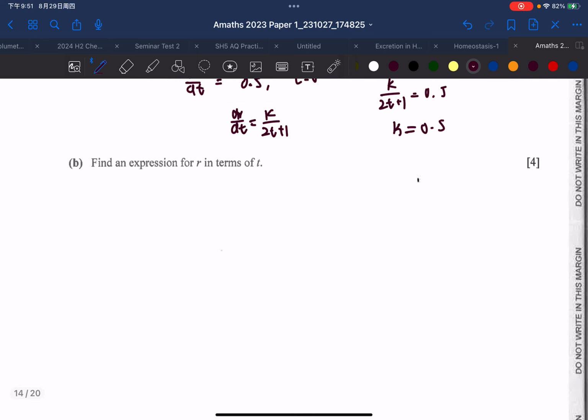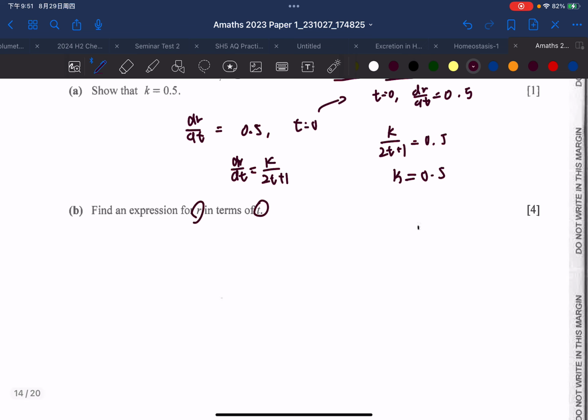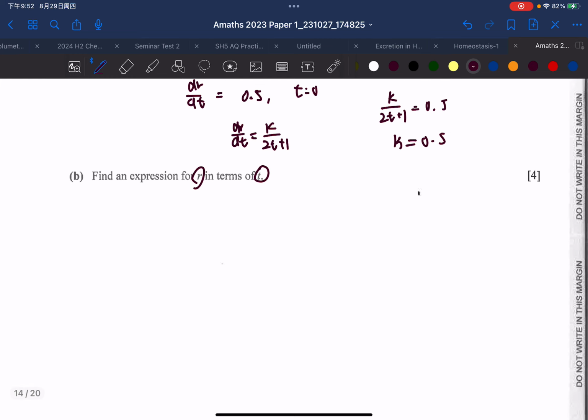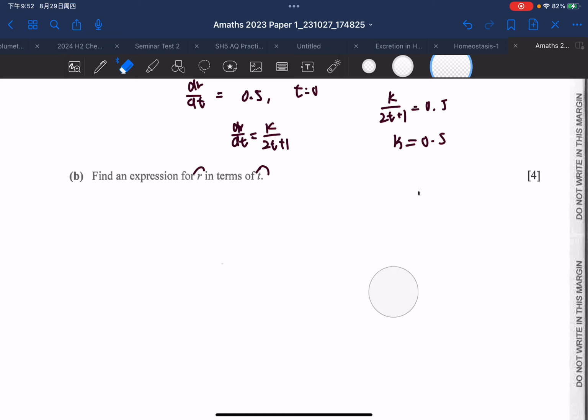Okay? Find expression of r in terms of t. Expression of r in terms of t, basically it means what? If I tell you expression for y in terms of x, basically it will just be y equals something in x. So it's just an equation of y. So here is just an equation of r. How do you find the equation of r in terms of t?